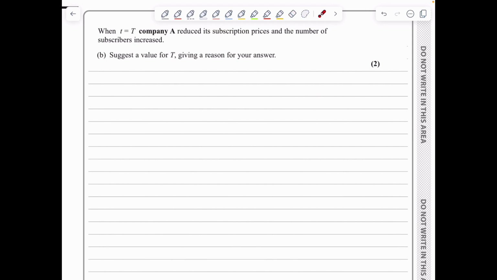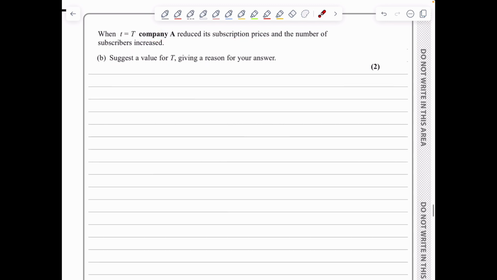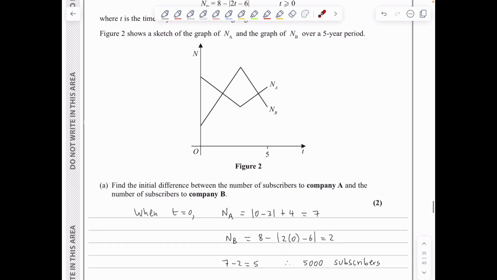Now, when T is capital T, company A reduced the subscription prices and the number of subscribers increased, and we need to suggest a value for T, giving a reason for your answer. Well, if I briefly go back to the diagram here, this is NA here, and we've got something happening here at the vertex. So obviously this should be the value for capital T we're trying to find.